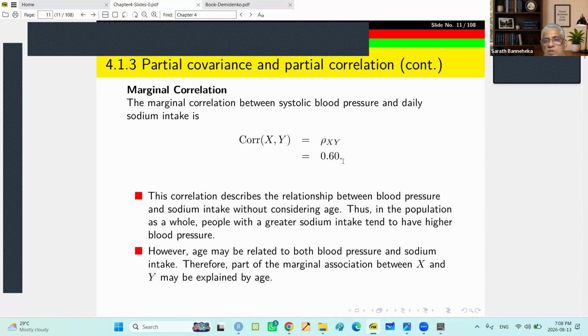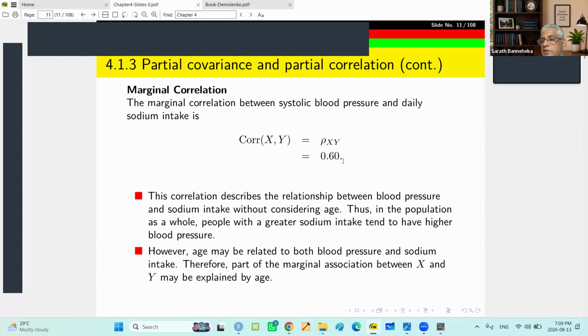In this case, we have considered only three variables. The third variable is age. In this case, we are considering the theoretical Pearson's correlation between x and y without considering age. Thus, in the population as a whole, people with greater sodium intake tend to have a higher blood pressure, and this correlation seems to be somewhat moderate.